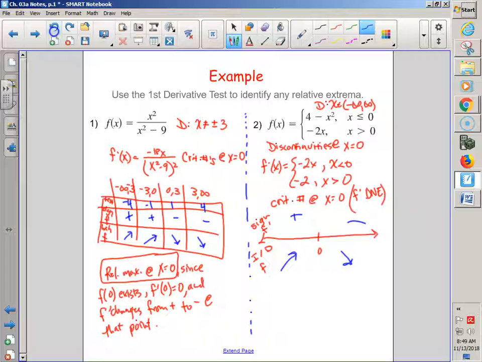I could say the function is decreasing from 0 to infinity. What seems to be happening at 0? It is discontinuous, that's true, but it does exist. f of 0 does equal 4. Maybe think about what this guy is. 4 minus x squared, isn't that a parabola that's shifted up 4? And it's closed there. And then negative 2x, isn't that down here?